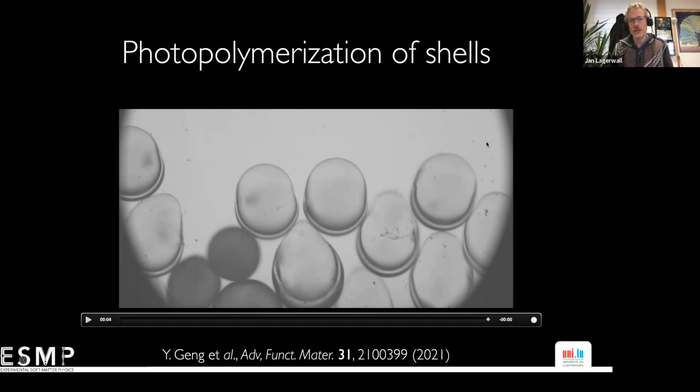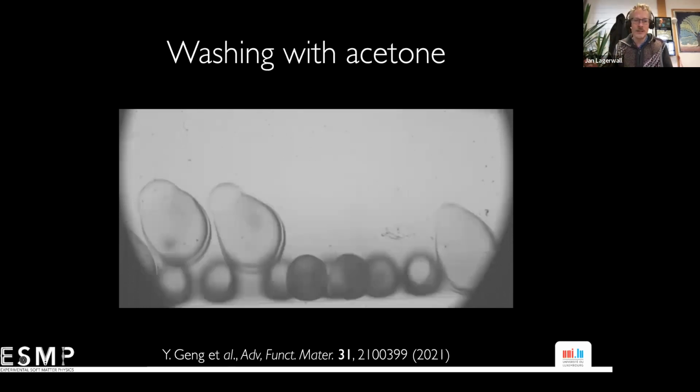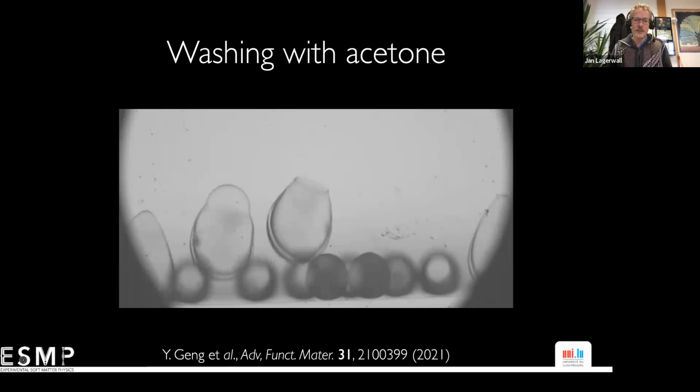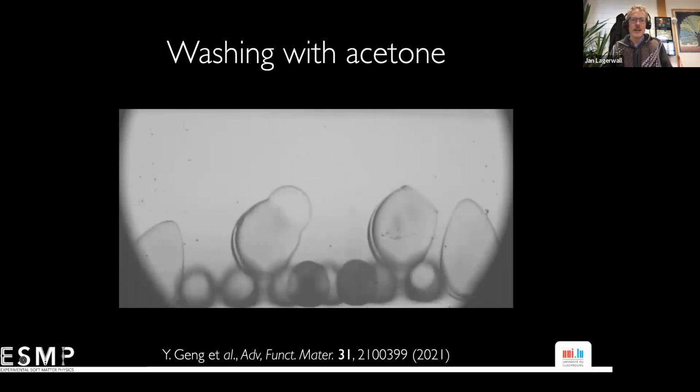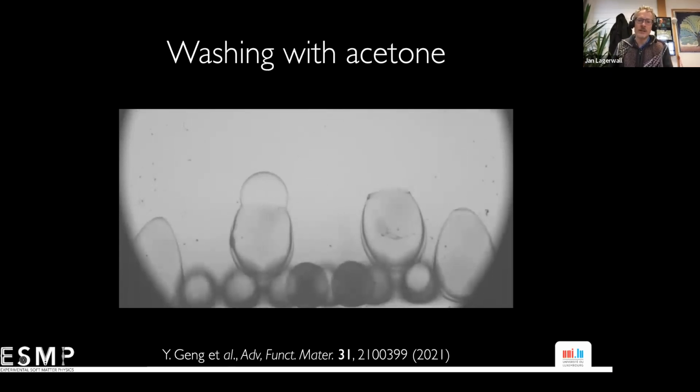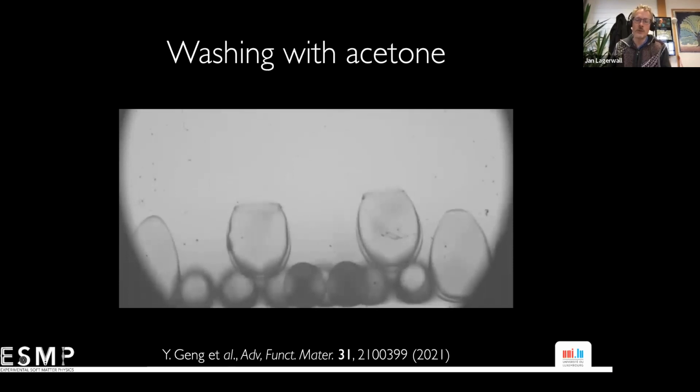And then if you, after this, rinse in acetone, which we need to do anyway, because we need to get rid of a little bit of unreacted components, then the acetone swells the shell again, and then this swelling creates a strain that this bulged out part cannot sustain. And so they all break off. And we end up with these shells with a little hole at the top. One single hole in every shell, which is very important.